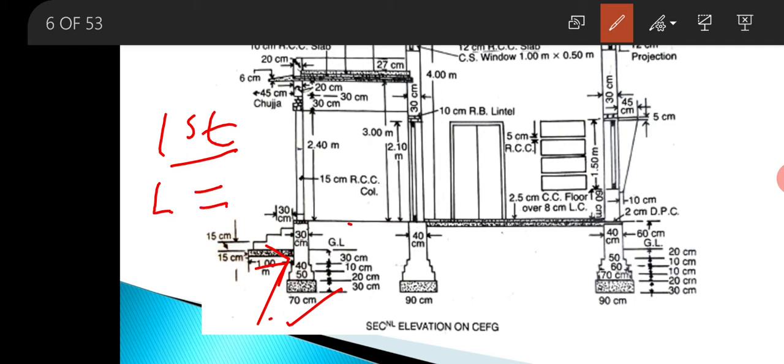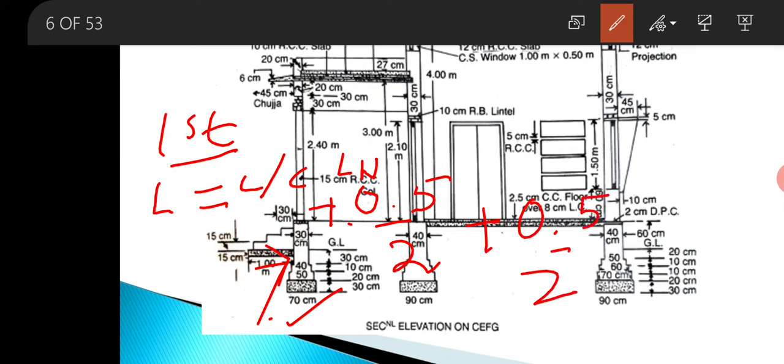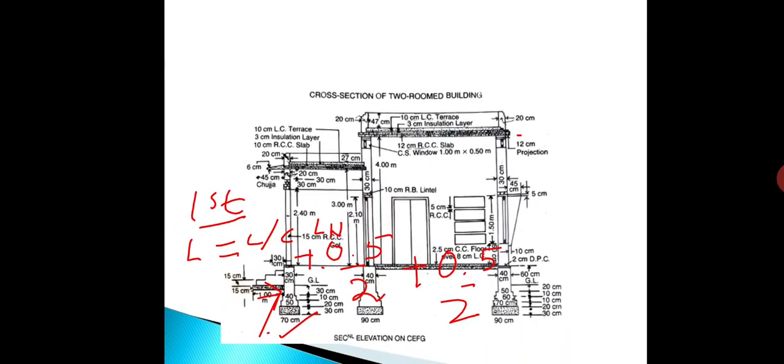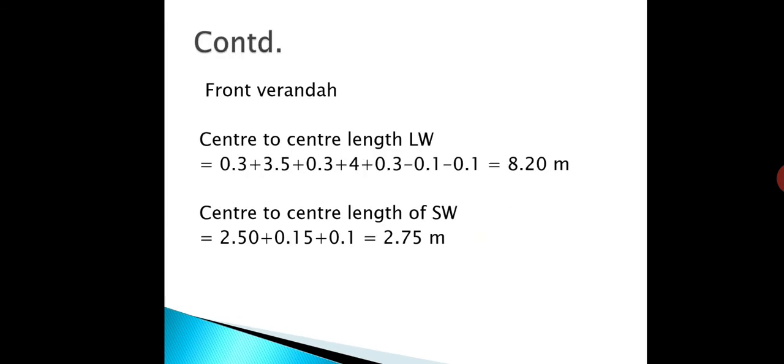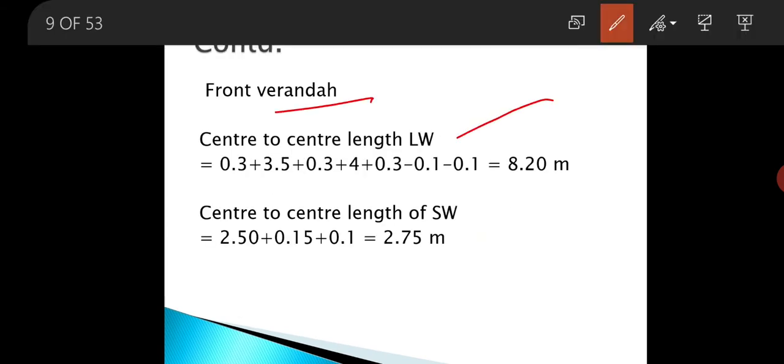In order to get the length of the brickwork in foundation, with the center to center length of the long wall, we have to add half of the width of the first footing on both the sides. As you know, the center to center length of the long wall of the front veranda is 8.20 meter.